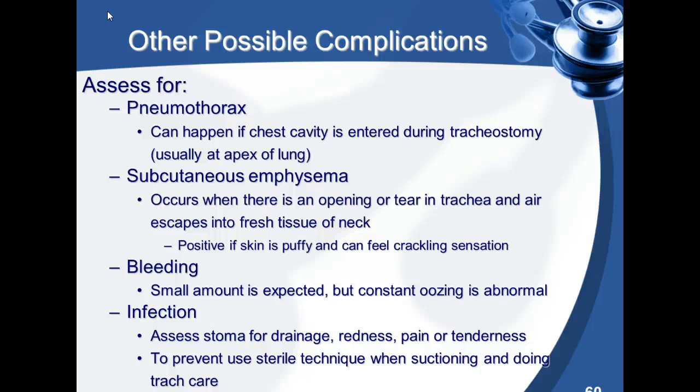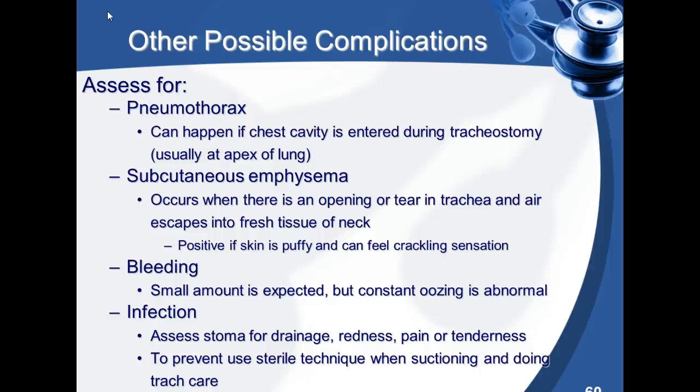Assess for pneumothorax, which can happen if the chest cavity is entered during the tracheostomy, and that's usually at the apex of the lung. So make sure you look at the photo I had of the anatomy so you know right where that area is. Subcutaneous emphysema occurs when there is an opening or tear in the trachea and air escapes into the fresh tissue of the neck. Positive if skin is puffy and you can feel a crackling sensation.